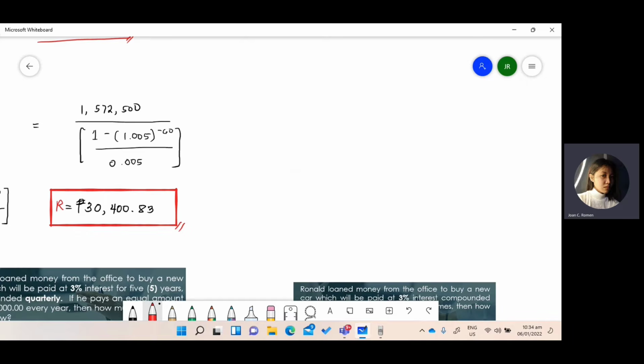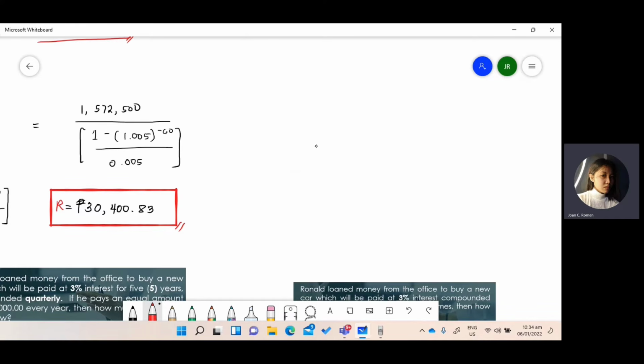Because you need to pay that debt or your loan within 5 years, and that is compounded monthly. Each year has 12 months. So for 5 years, 12 multiplied by 5 is 60. Okay? So if 30,400.83 per month, how much will you pay within 60 months?